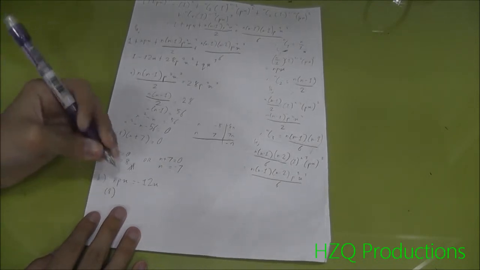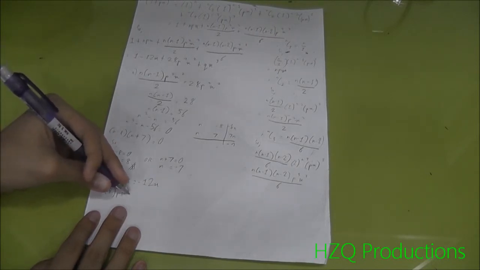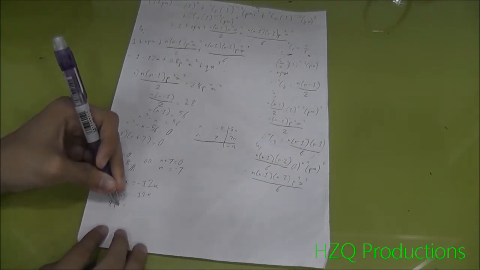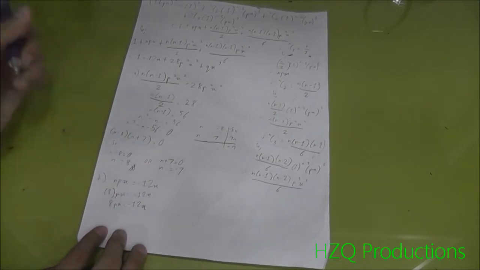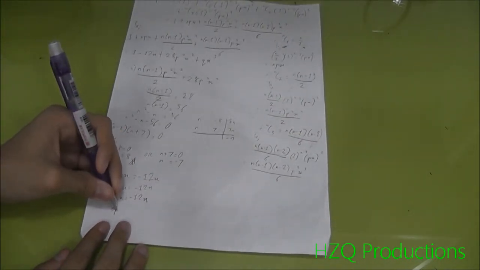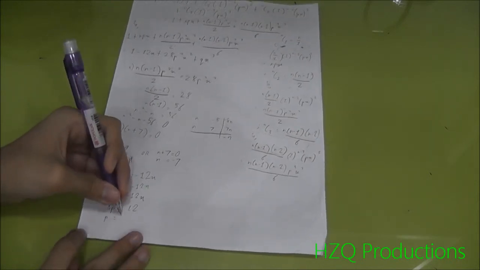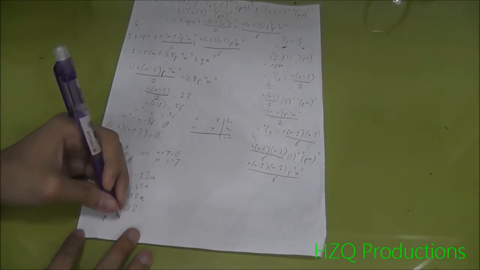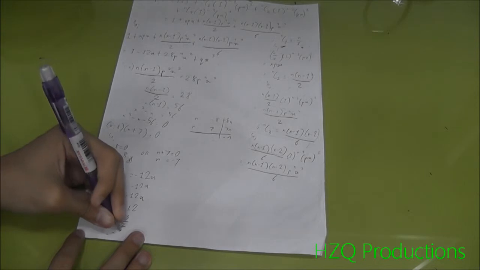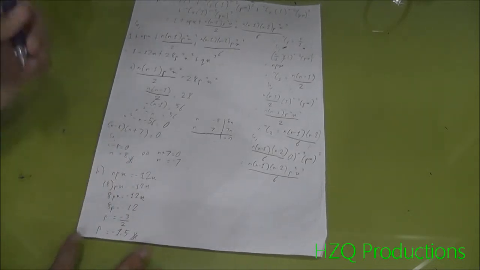That's a tip. 8 times px is negative 12x. The x terms are similar, so you can simply delete them. Then negative 12 over 8 gives me negative 3 over 2, which is negative 1.5. This is the answer for p.